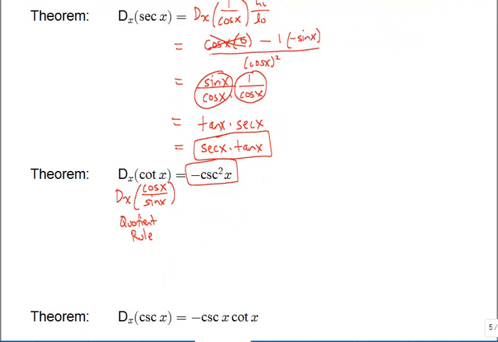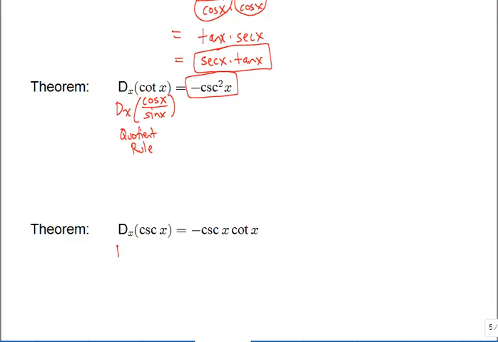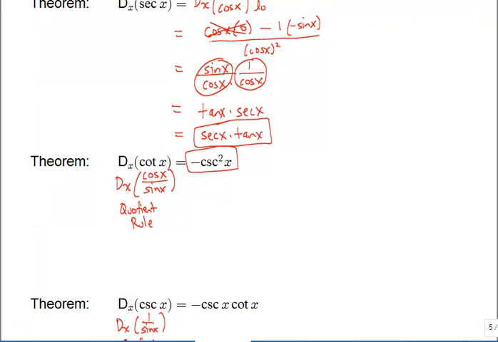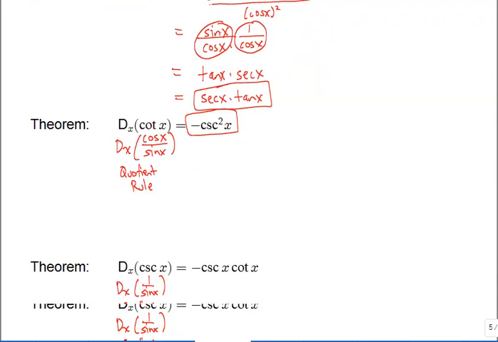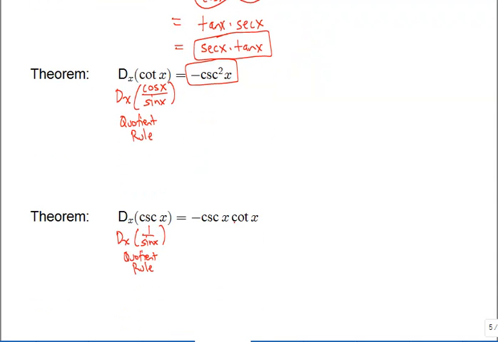And again, a very similar proof for cosecant's derivative. You could rewrite it as 1 over sine x and then use the quotient rule on that together with maybe a few identities, and you'll have a very similar proof like we did for secant, but instead of getting secant times tan, you'll get cosecant times cotan, and you'll also get that negative out front.